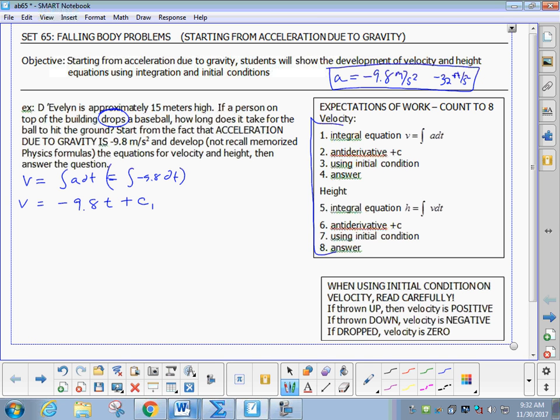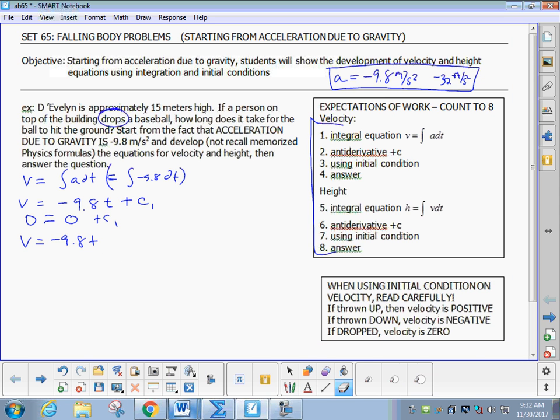The initial condition, make sure you read carefully. If it says thrown up, you're using a positive velocity. If you're throwing it down, it's a negative velocity. And if it's simply dropped, then it's starting with no velocity. So you're implying that the velocity is 0, which means your velocity equation is negative 9.8 t plus nothing, so negative 9.8 t, period.